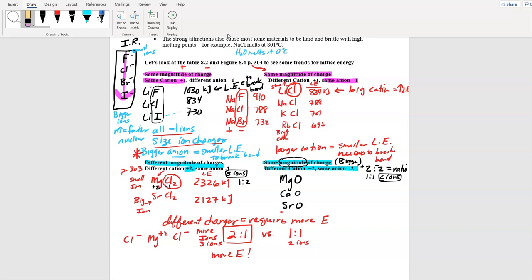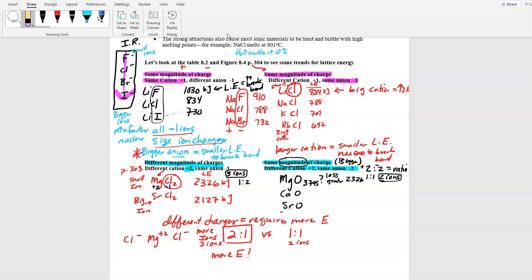Do you think this number for magnesium will be less or greater than that 2326? I hope you're guessing greater, because the larger the magnitude and sizes, the more energy needed to break that bond.